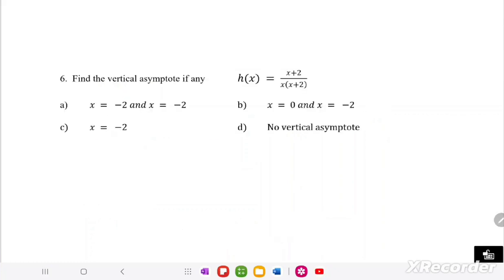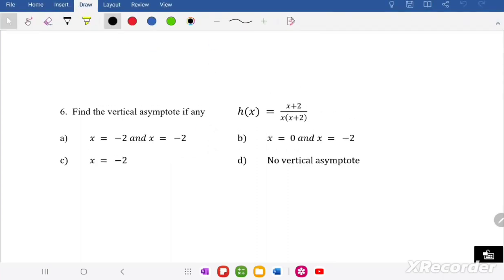Let's go through the last question in our multiple choice section. It says, find the vertical asymptote, if any, of h of x equals x plus 2 divided by x times x plus 2. So to find the vertical asymptote, we need to take the denominator.